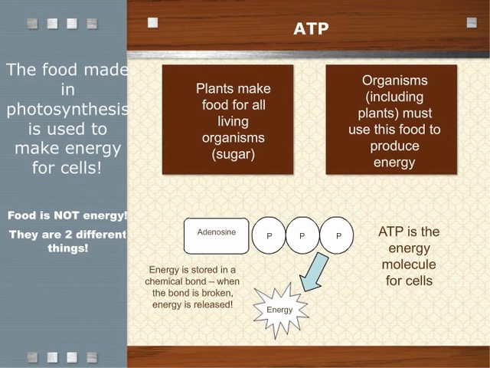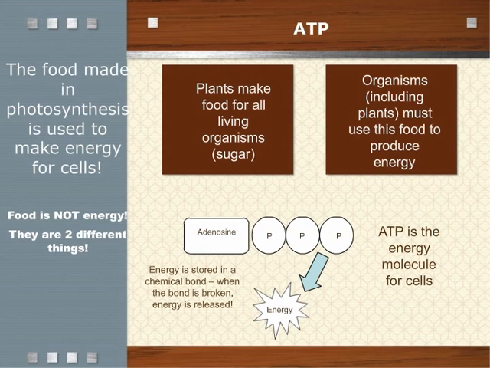The chemical bond is what holds the phosphate groups together. When one of those bonds is broken, energy is released. That's why there is an arrow showing the release of energy between the second and third phosphate group.